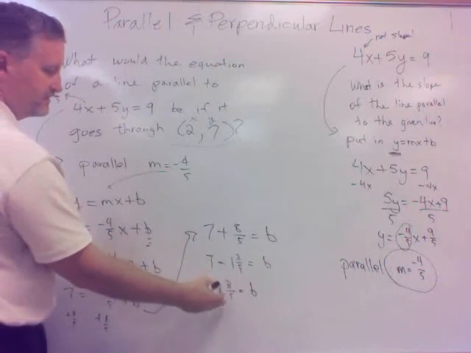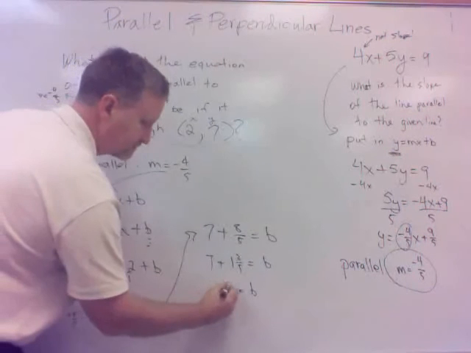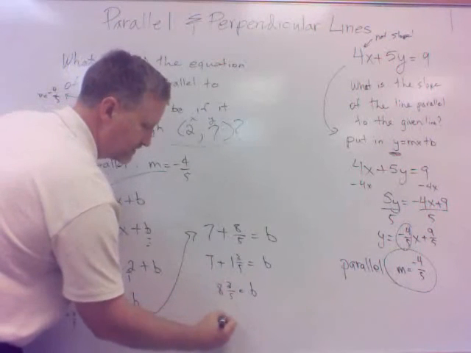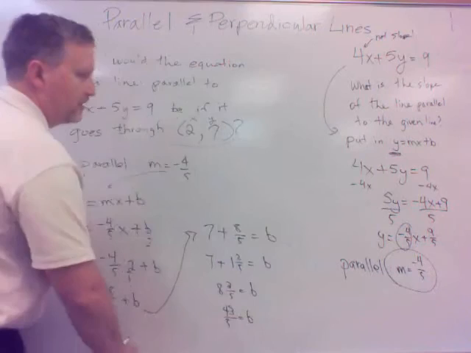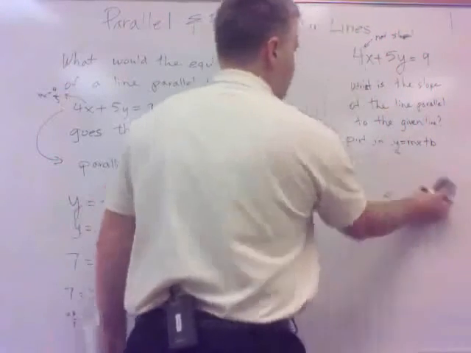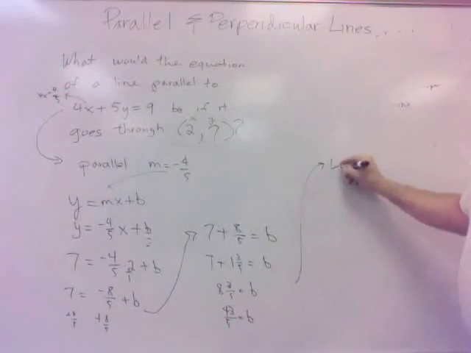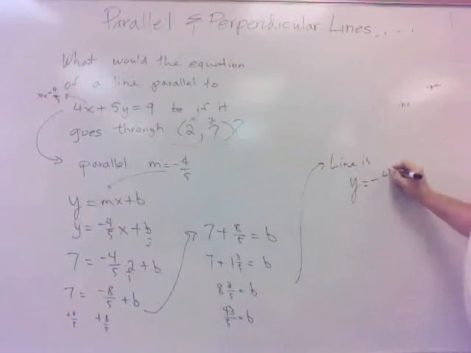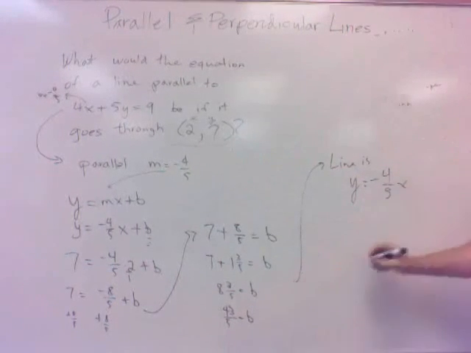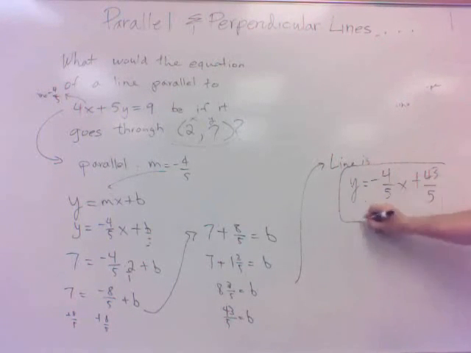Changed it to a mixed number. Let's change it back here to an improper fraction. 8 times 5 is 40, plus 3 gives me 43 fifths. B is 43 fifths. So the line parallel to it through that point would be y equals negative 4 fifths x plus 43 fifths. Okay? With me on that.